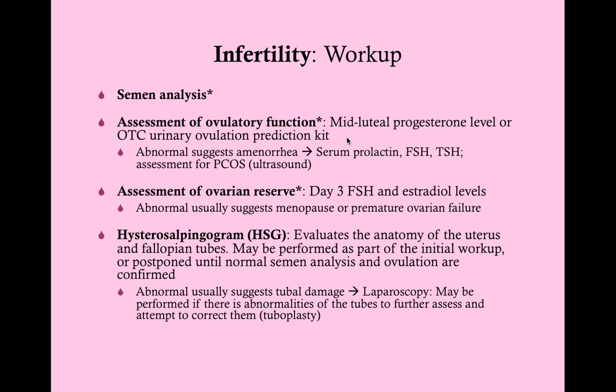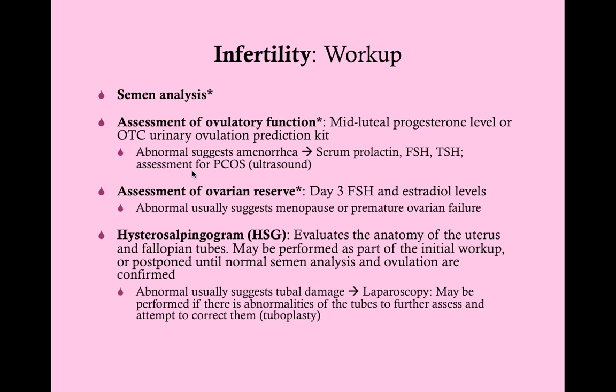You can look up the level if you want, but I believe 3 nanograms per milliliter would be normal. Anything less than that is suggestive of inadequate ovulation. So an abnormal mid-luteal progesterone level suggests anovulation, and at that point you'll want to get a serum prolactin, FSH, and TSH.